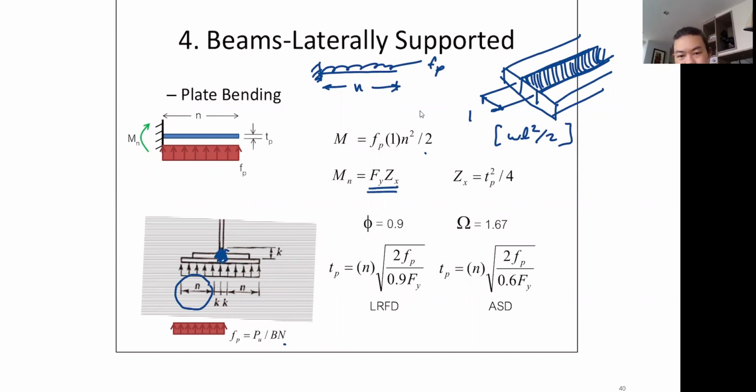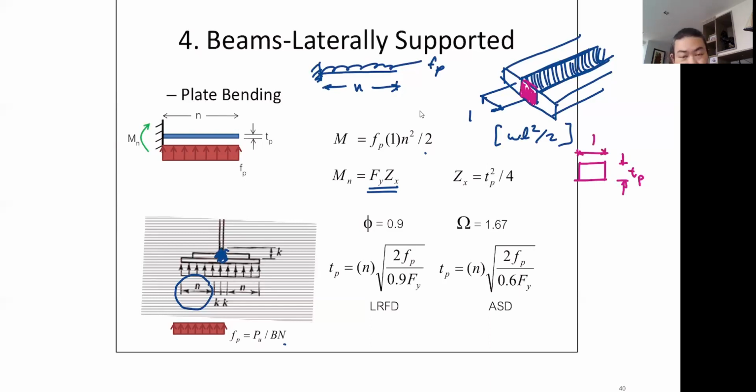Now for the moment capacity of the plate, we are going to use the plastic capacity of the plate, which is equal to Fy multiplied by plastic section modulus. Because this becomes the cross section of your plate, the plastic section modulus of a rectangle, that is TP, and we consider the width equal to 1.